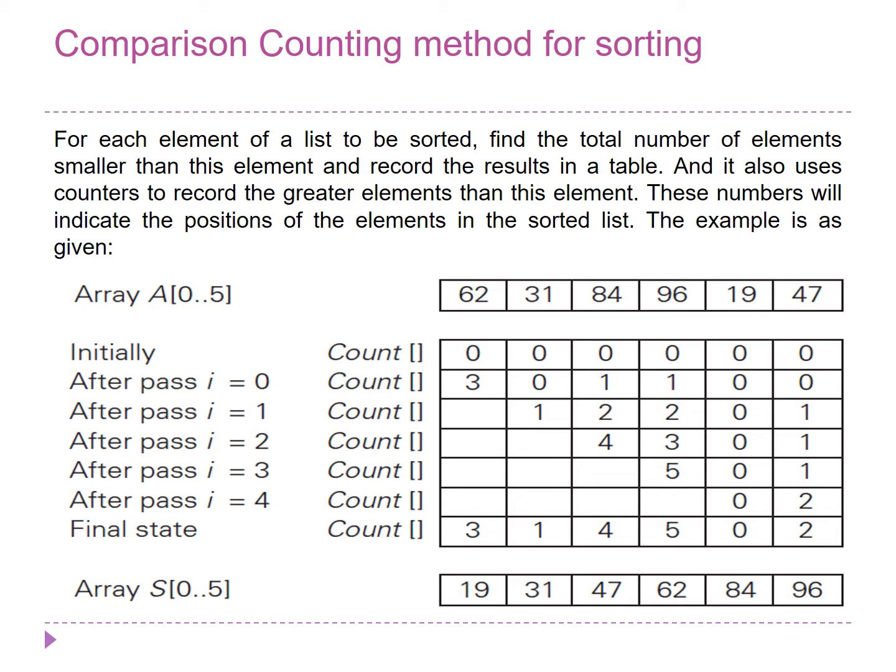Hence, 3 indicates the position of 62, 1 indicates the position of 31, 4 indicates the position of 84, 5 indicates the position of 96, 0 indicates the position of 19, 2 indicates the position of 47 in the final sorted array. Hence, the final sorted array will hold the values 19, 31, 47, 62, 84 and 96 stored in that order.